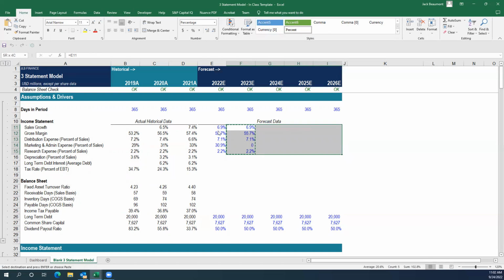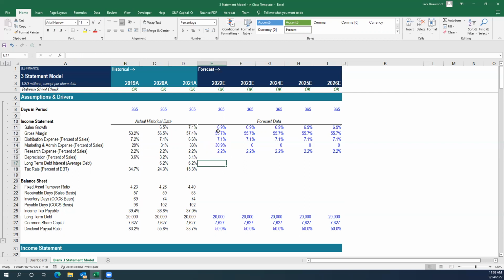And let's follow that across to 2026. Okay, so we've done that. So depreciation, I have a schedule for predicting that, which I'll go into soon. So we're actually not going to use the top-down approach for that.